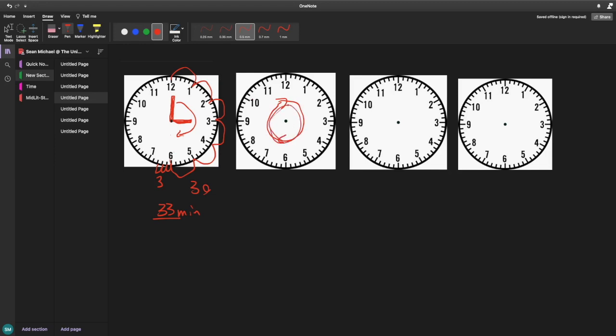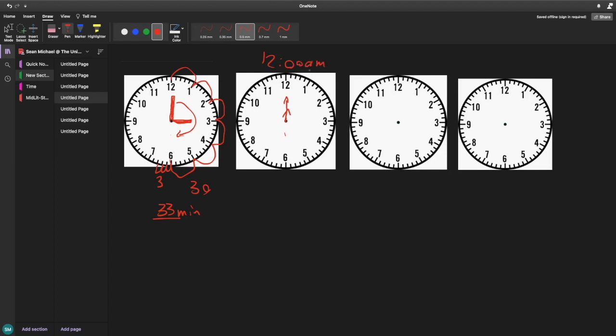And once you reach this, first thing in the morning is 12 o'clock, so that would be 12 o'clock at night, which we call 12 a.m.